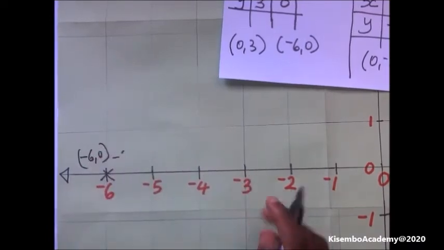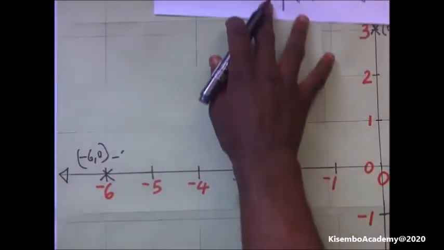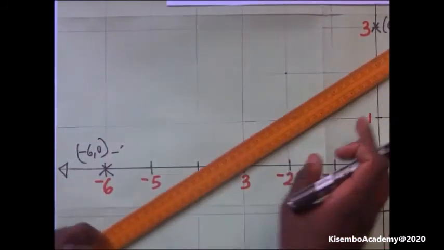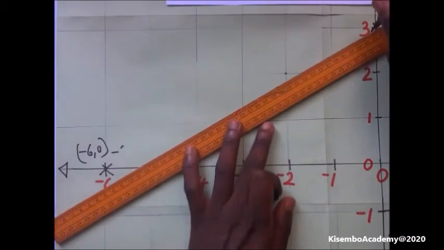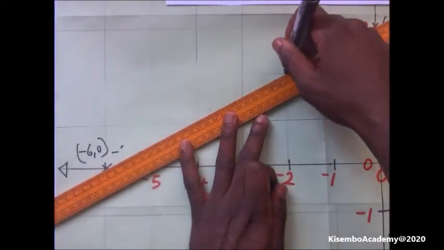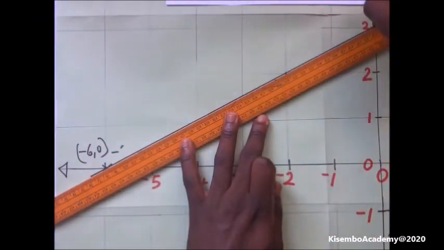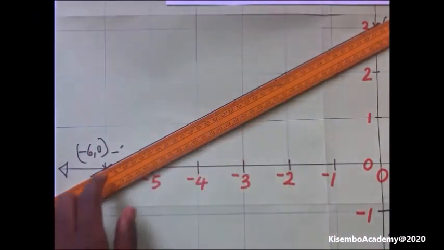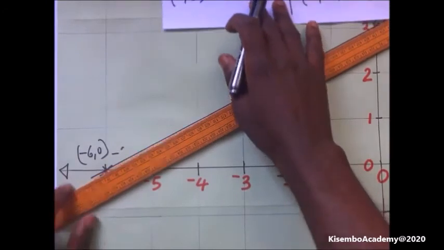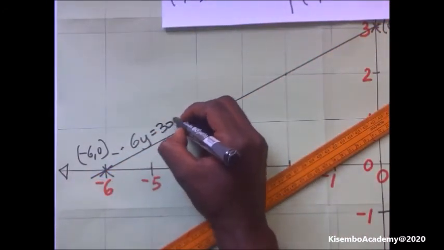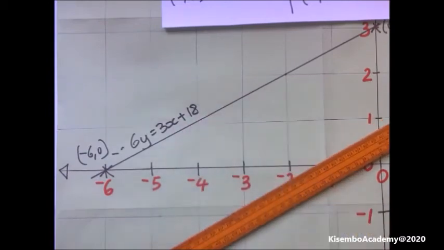And so we shall draw that line. So this is the line 6y is equal to 3x plus 18.